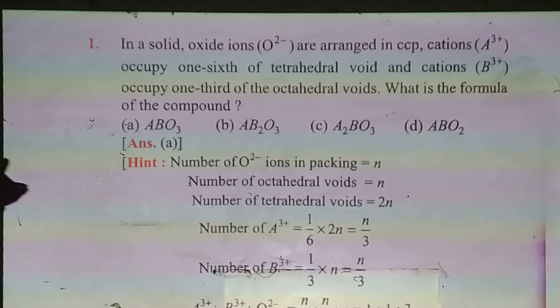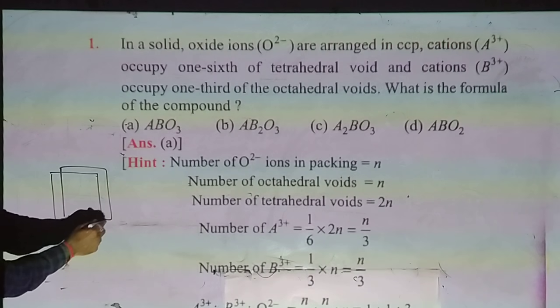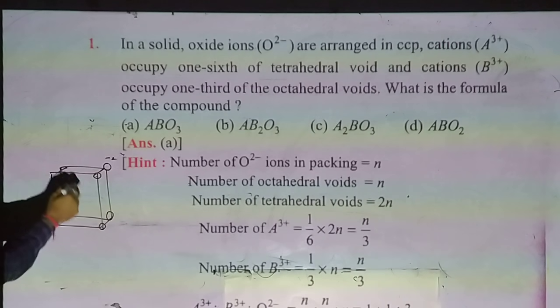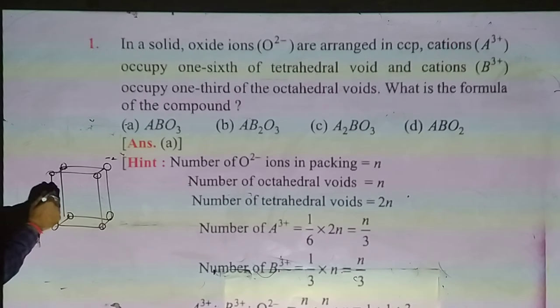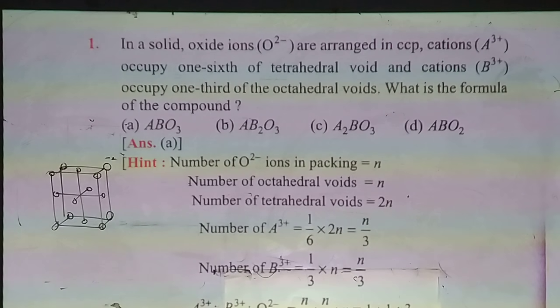Number of oxide ions in packing is N. In our FCC structure, oxide ions are in corners and on face centers. Is that clear? That is CCP.